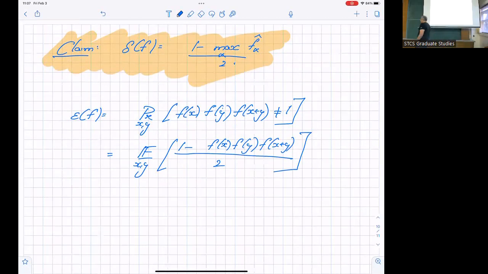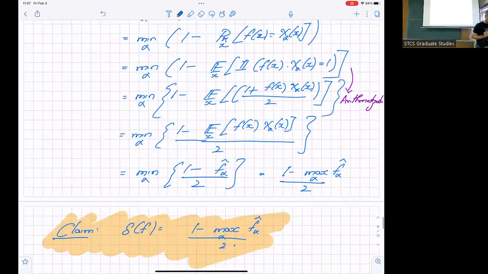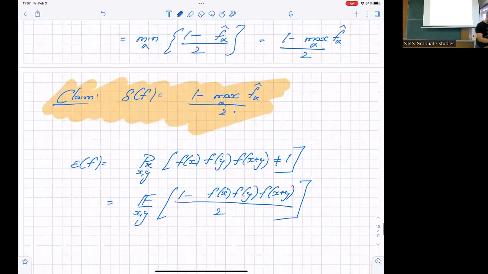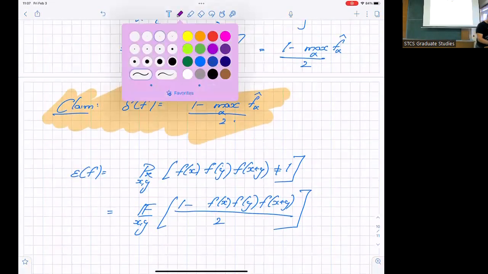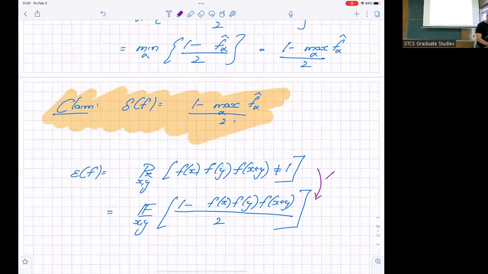Whenever f of x, f of y, f of x plus y equals 1, this contributes 0, which is exactly what I wanted in the probability. Whenever that's equal to minus 1, it contributes 1, which is what I want. This is the same arithmetization step, and this step and the corresponding purple step over here are the same thing.